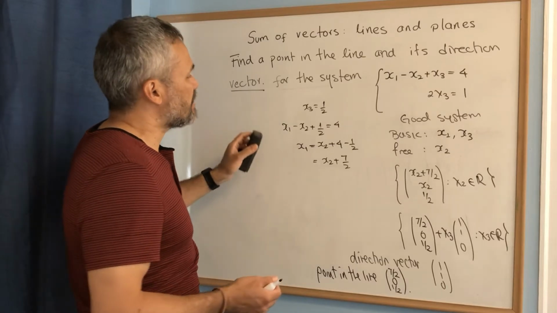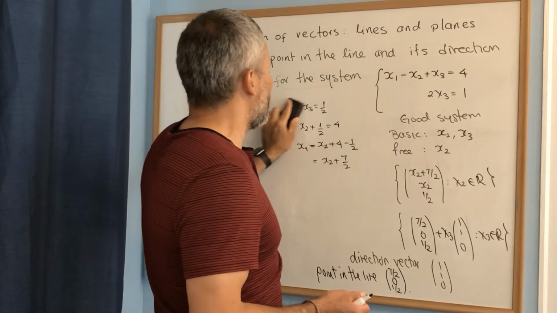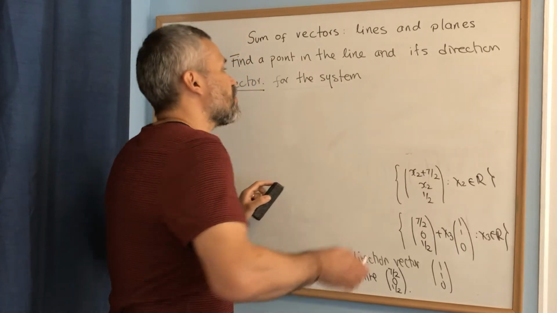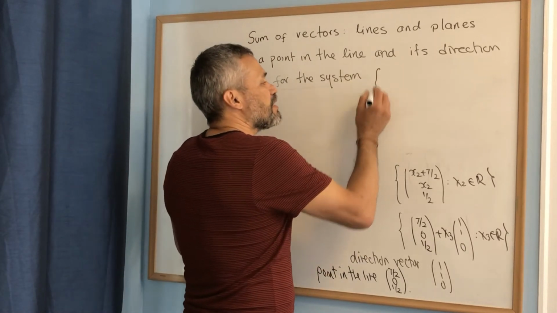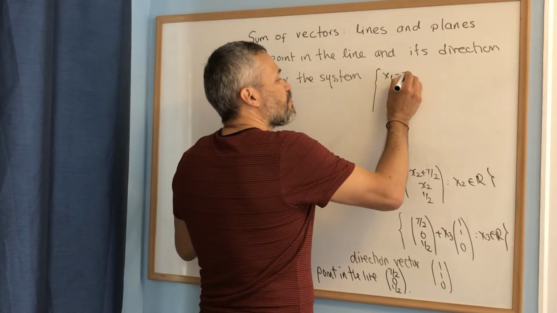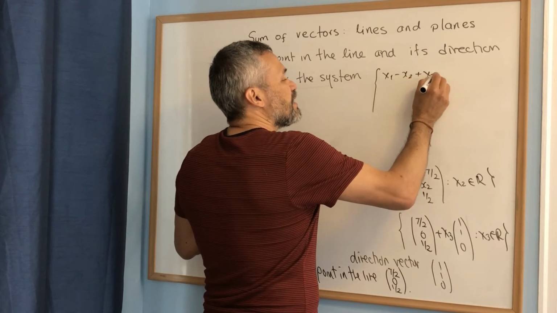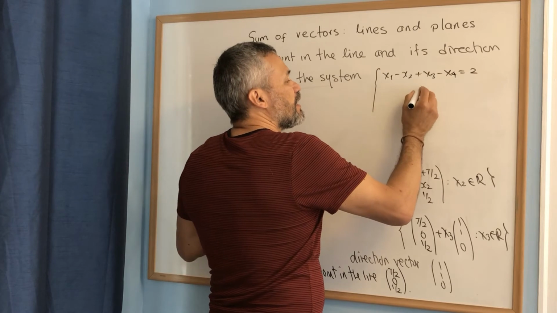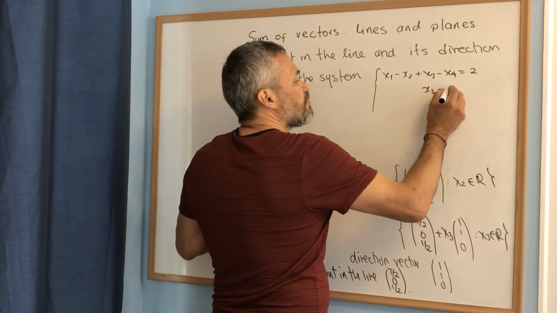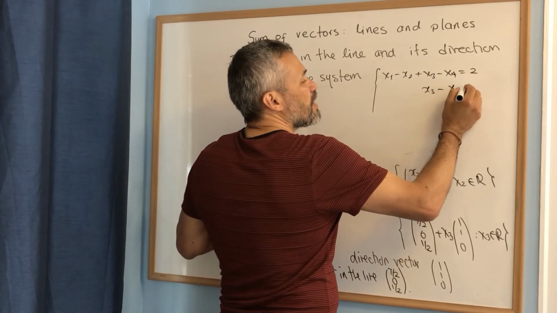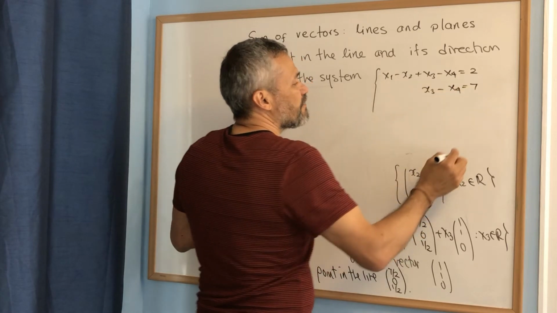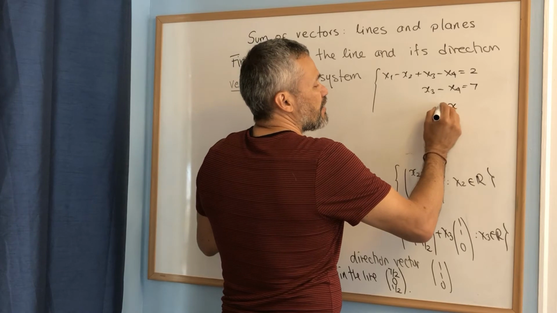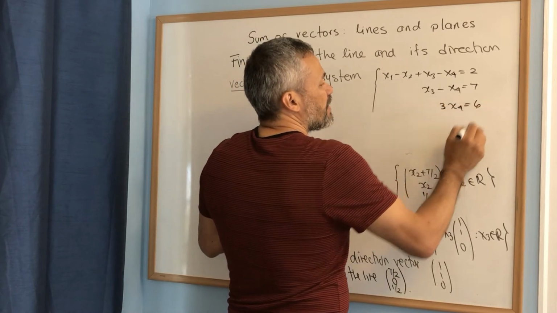One observation is that this method works in general, not only when we have three variables. Let's suppose that we have the following system: x1 minus x2 plus x3 minus x4 equals 2, x3 minus x4 equals 7, and 3x4 equals 6.